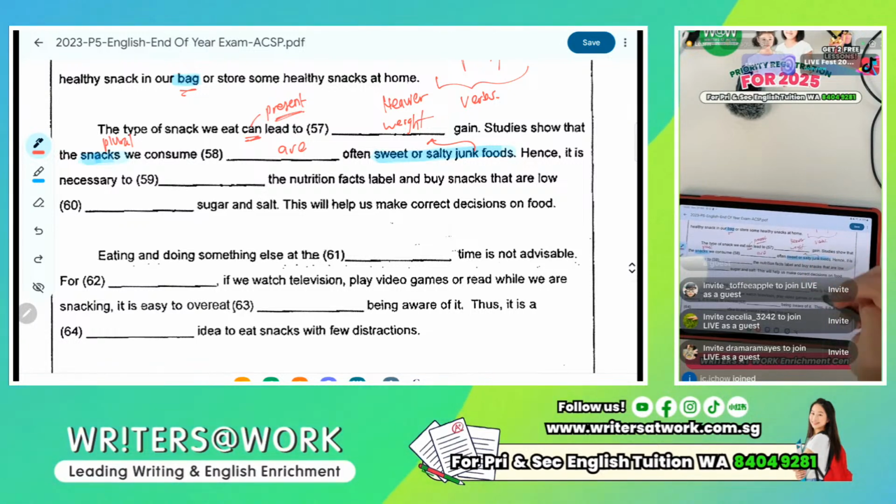Hence, it is necessary to dash the nutrition label and buy snacks that are low dash sugar and salt. Over here, we need to do something to the nutrition facts label, which is basically you need to read it so that you know how to avoid super sweet or salty foods.